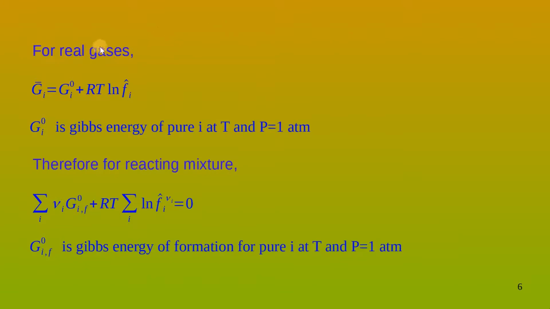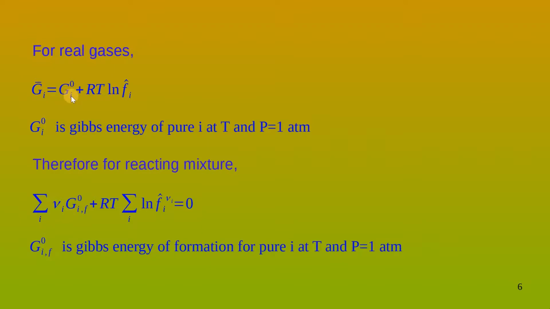Now, for real gases also we can write that the partial Gibbs free energy of any species in a mixture is nothing but the Gibbs free energy of that species at 1 atmosphere pressure, but at the temperature at which the mixture is. Gi is nothing but the partial Gibbs free energy of species i at the temperature and pressure of the mixture.